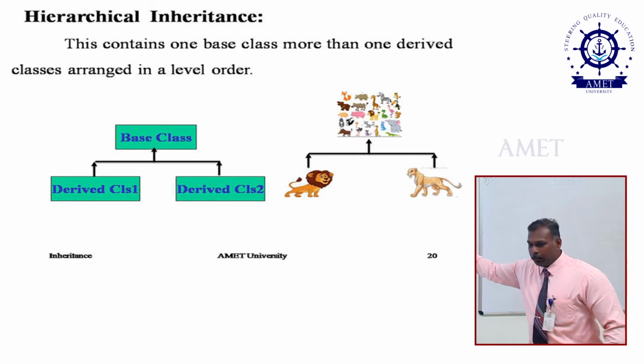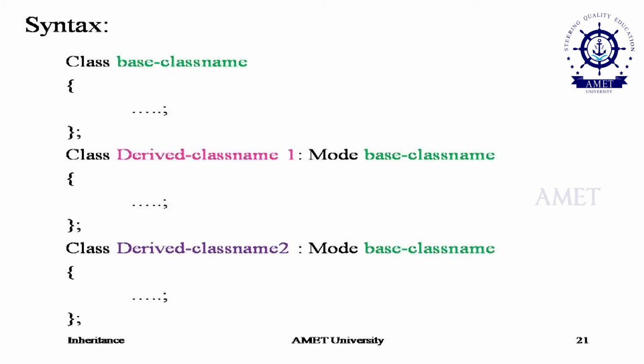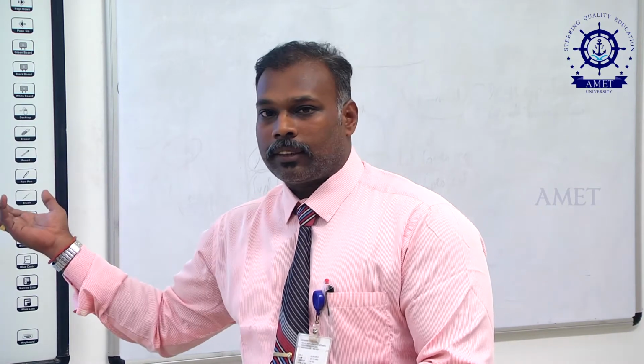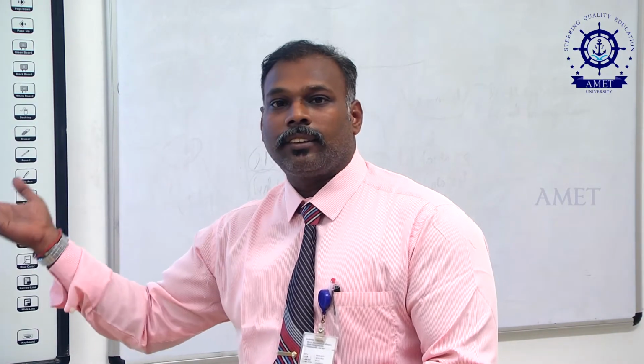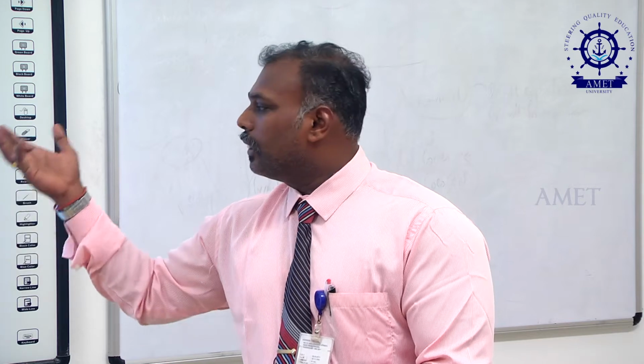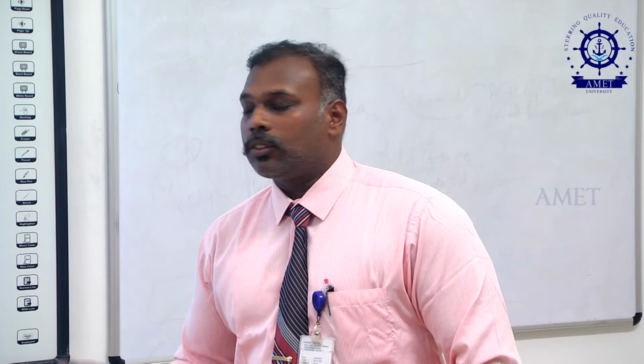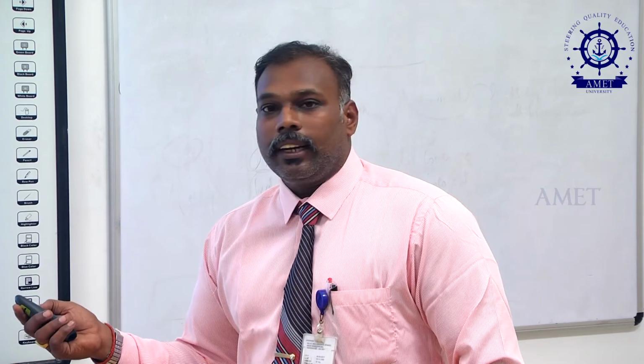From animals, lion and lioness are the derived classes. This is hierarchical inheritance. As for the syntax: class base class name, and then class derived class 1, then mode, then base class, and then class derived class 2, colon mode, and then base class name. This is the simple syntax of hierarchical inheritance.